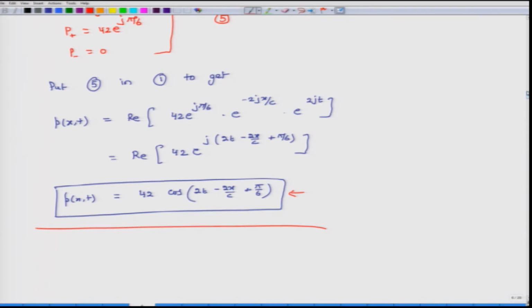Now, in the last class we had developed two different transmission line equations. The transmission line equation for pressure was P of x, t equals real of (P plus e to the power of minus s x over c plus P minus e to the power of s x over c) times e to the power of s t.